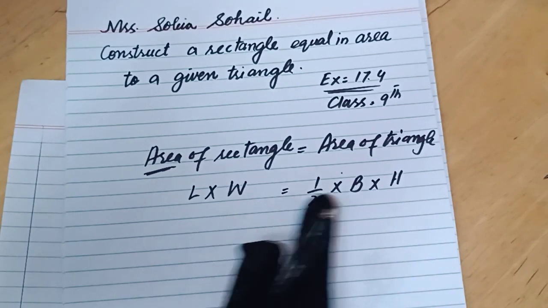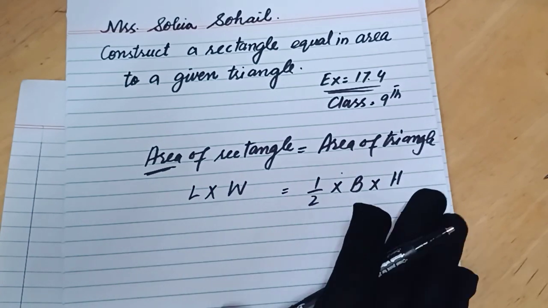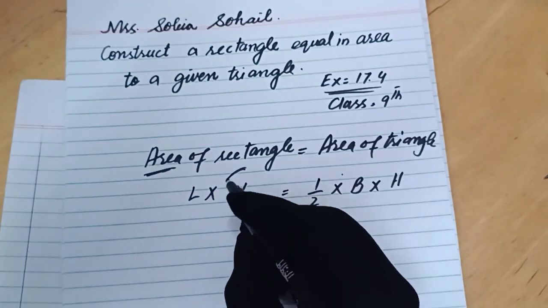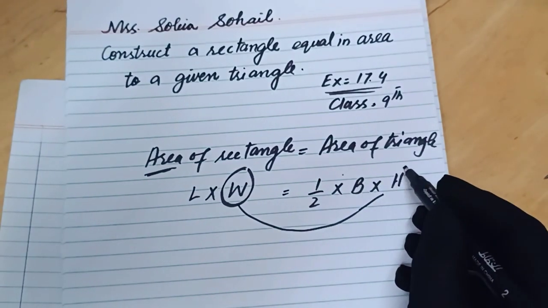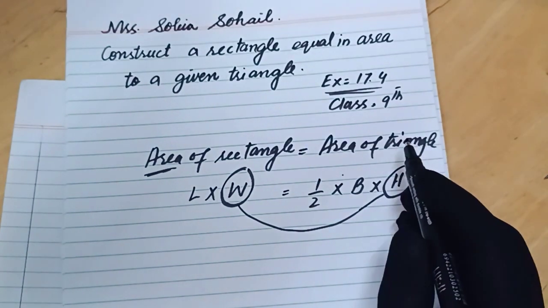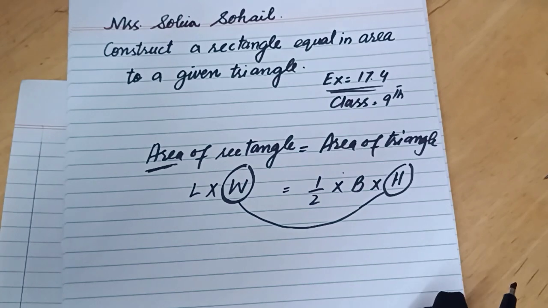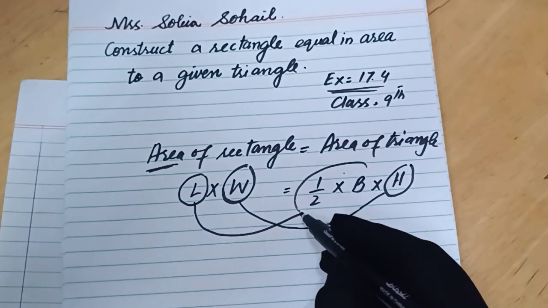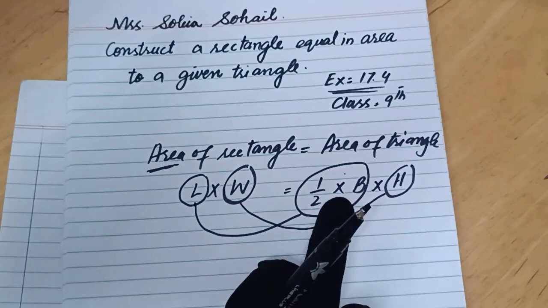If we want to change the area of a rectangle to a triangle, or a triangle to a rectangle, we can keep one element the same. Suppose I am taking the width and height. If I am saying the area of the triangle, then the height of the triangle will be exactly the same as the width of the rectangle. Okay, so the length of the rectangle will be equal to half of the base.